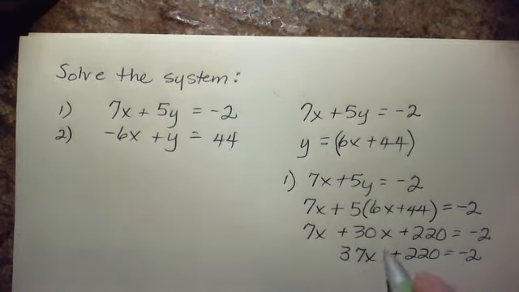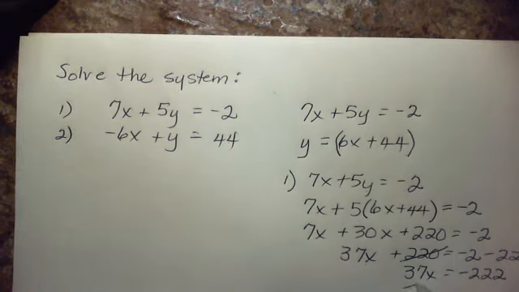And then I'd like to begin to isolate x. So I would subtract 220 from both sides. I'll show it that way. Gives me 37x is equal to negative 222.